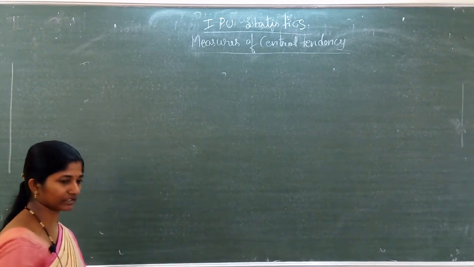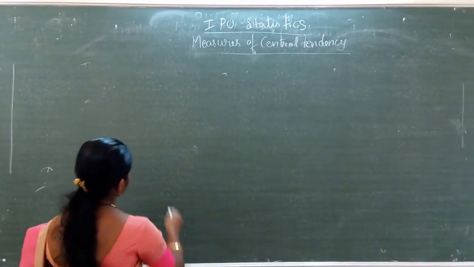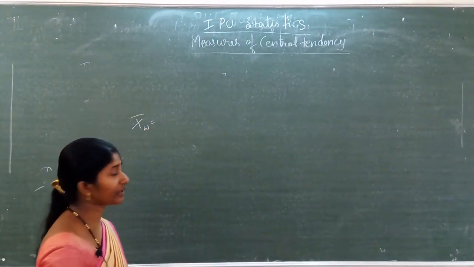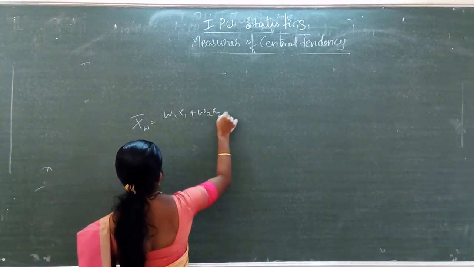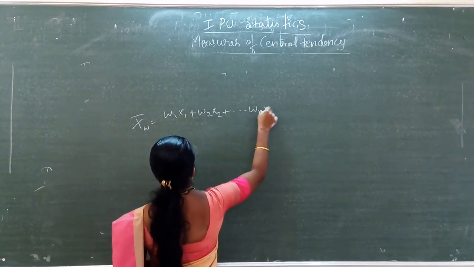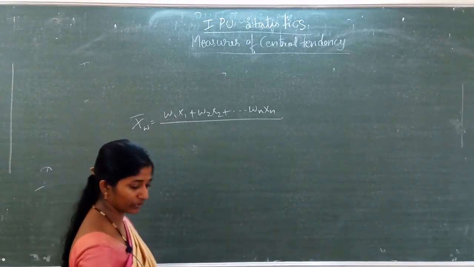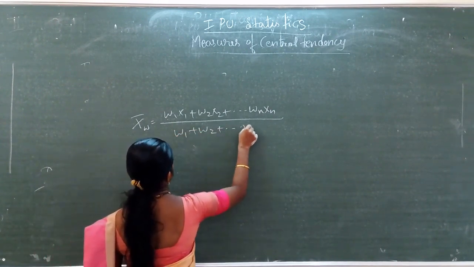I have written the definition at the end when I was explaining the arithmetic mean. Now here the formula is given: x bar w, weighted, equals w1 x1 plus w2 x2 plus so on up to wn xn, divided by w1 plus w2 plus so on up to wn.